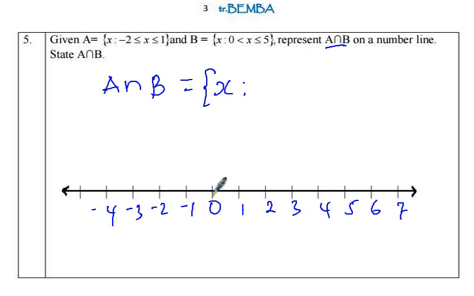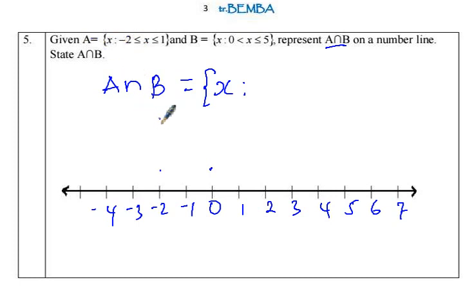So since we're interested in the intersection, anything that is outside, this is where I have the 0, this is where I have the -2. Since in the second set we don't have these integral values here, these elements of x, by the way, in this case we should not assume that they are integers. We have just been told that it is x.